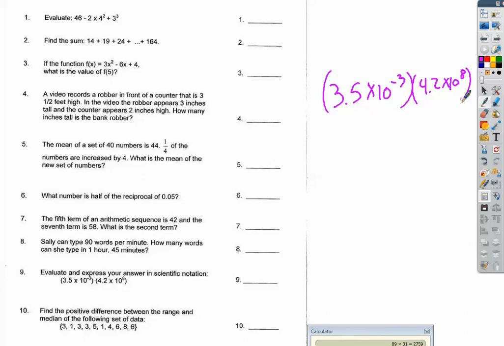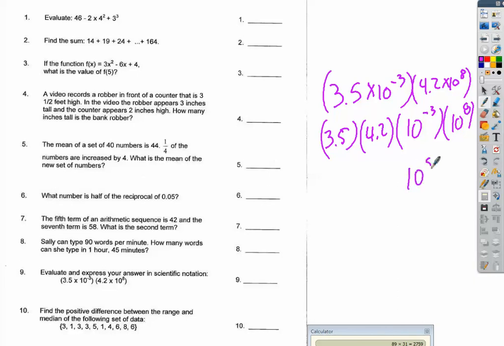So I can also think of this as 3.5 times 4.2 times 10 to the negative third times 10 to the 8th. Well, when I'm multiplying two numbers that have the same base and they have exponents, I add the exponents. What is negative 3 plus 8? 5. So I know I'm going to have 10 to the 5th.